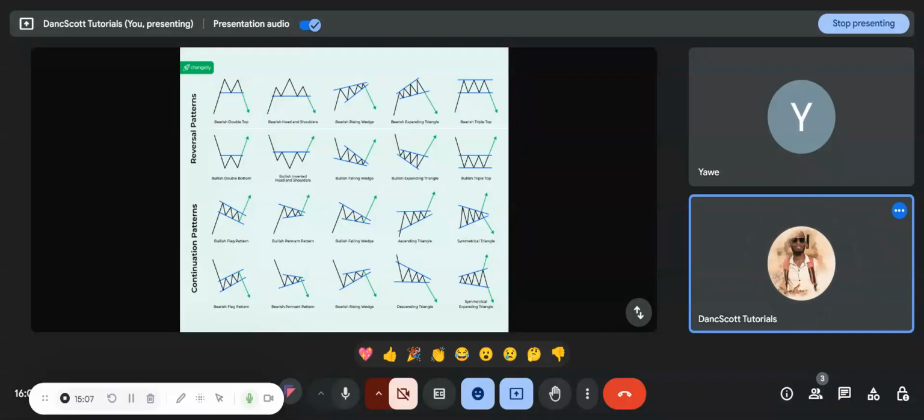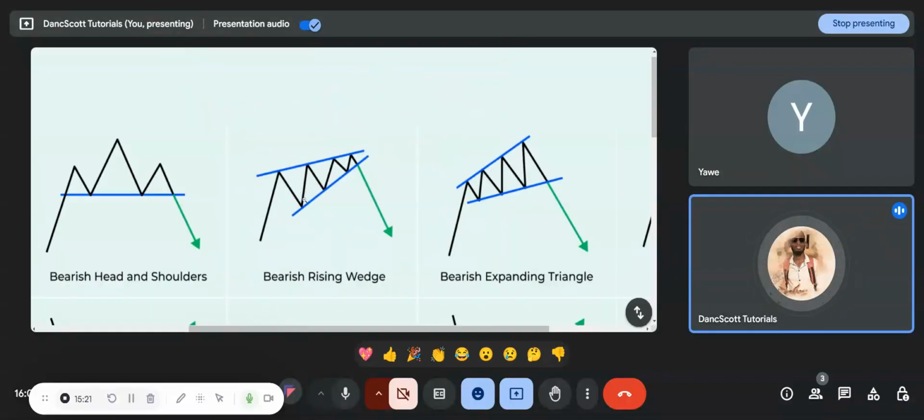But here the wedge we're talking about is different. Let's look at our wedge in trading. This is what we'll be looking at, that is our wedge there. We'll be looking at this kind of wedge in the charts. This is a rising wedge.